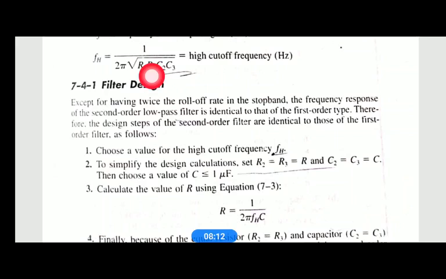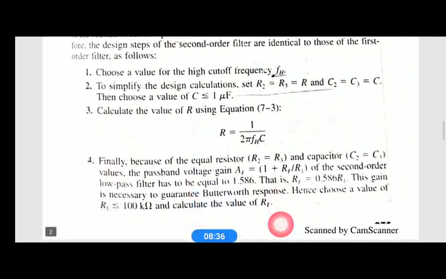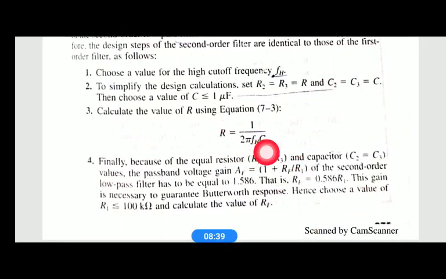The square and root cancel, so therefore FH is 1 divided by 2 pi R into C. So from this formula, FH is equal to 1 divided by 2 pi RC, we can get R is equal to 1 divided by 2 pi FH into C. Understood? So using this formula, we calculate the R value.